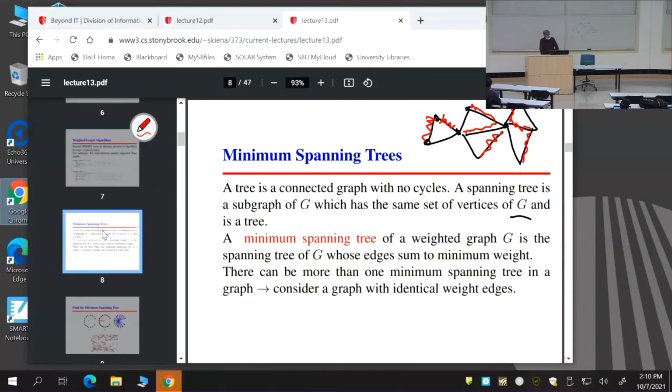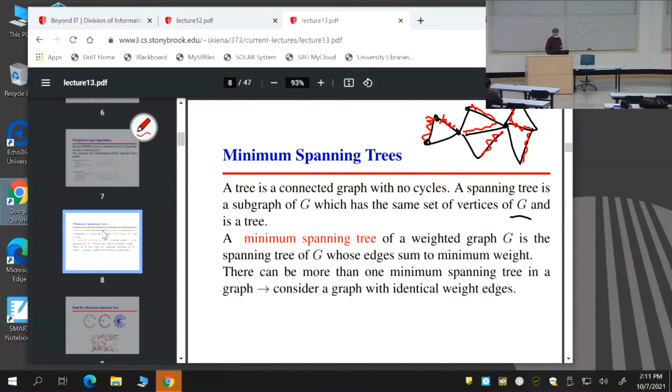Does everybody see that those red edges are a spanning tree of a graph? The graph was connected. I claim every connected graph has at least one spanning tree. If it's a tree, it's a spanning tree. Otherwise, if we delete edges that leave a tree, what's left is going to be a spanning tree. Any questions?